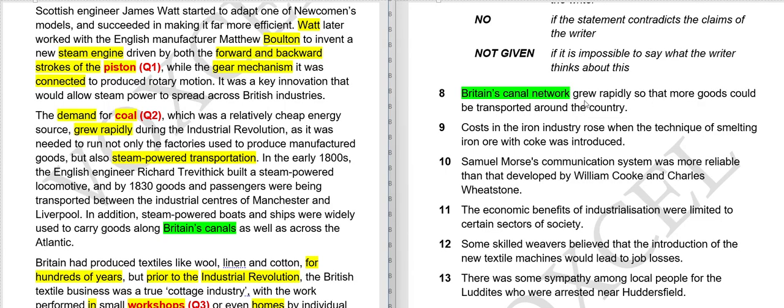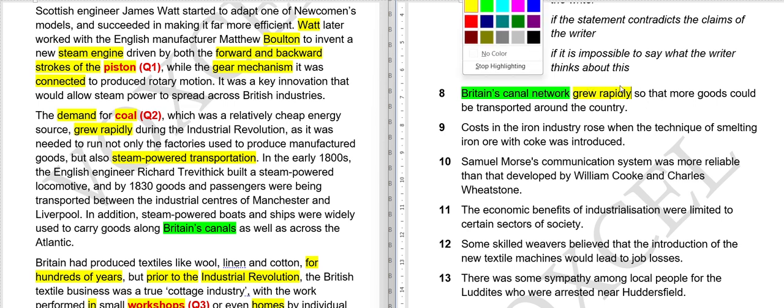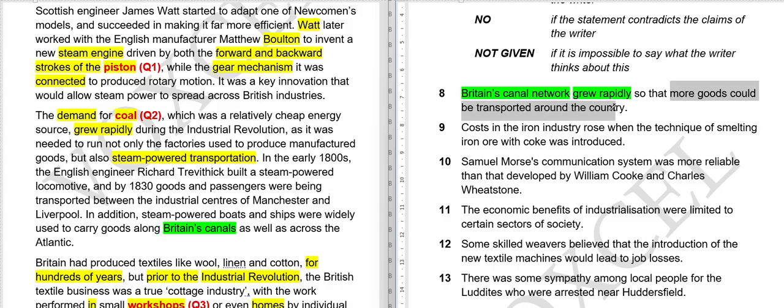Britain's canal network grew rapidly so that more goods could be transported around the country. So this network, they are saying it grew rapidly. Let me change the color first. So they are saying this network grew rapidly, and they have given the reason: because they wanted to transport more goods around the country.